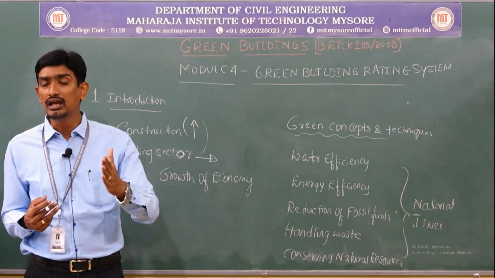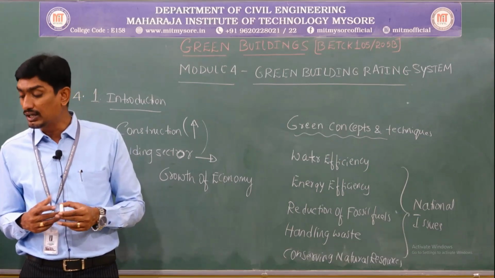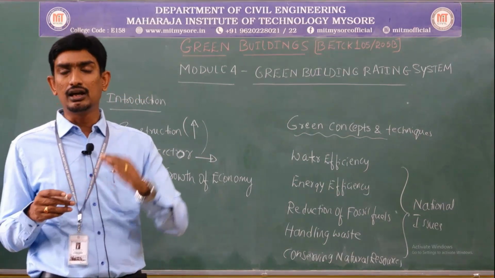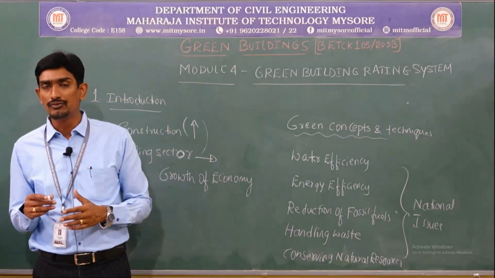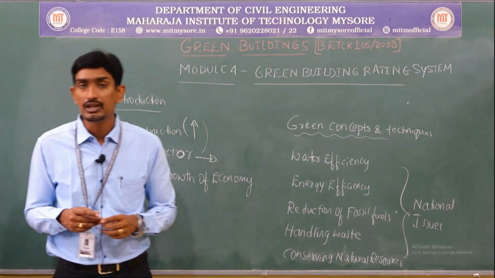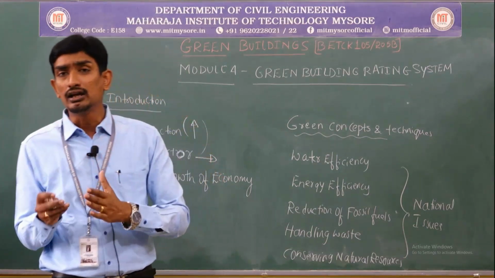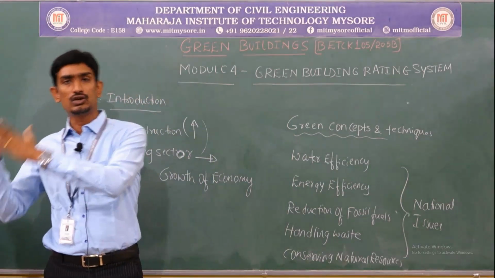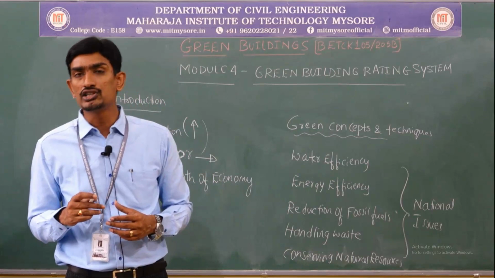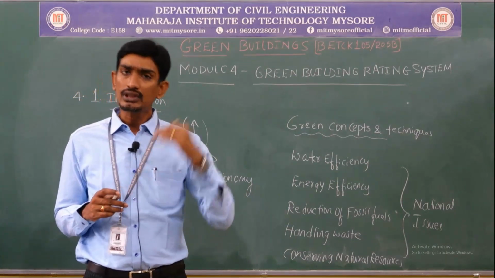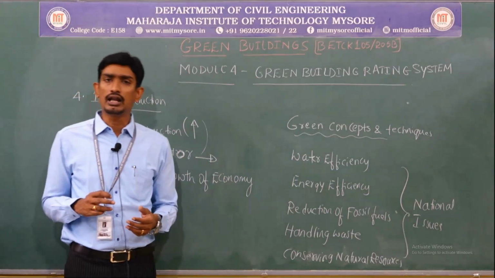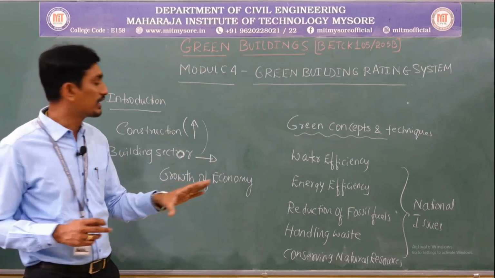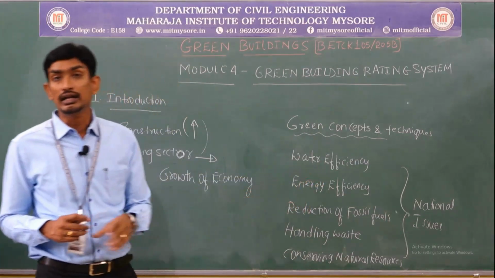So how effectively are you converting it? Nowadays, to meet the green aspects, as discussed in modules 1, 2 and 3, especially in module 3, we impart solar energy in the building. That means converting solar energy into electrical energy is one of the important aspects of how we can effectively use the energy.